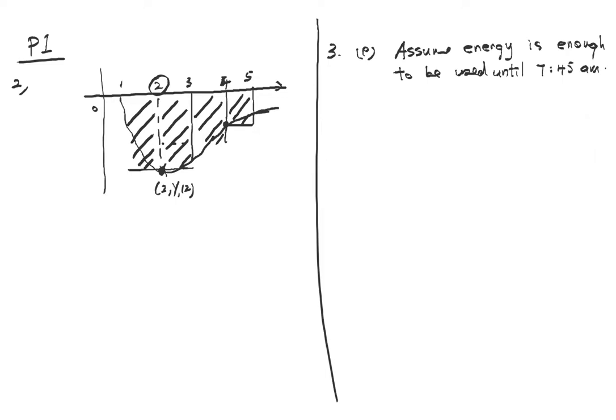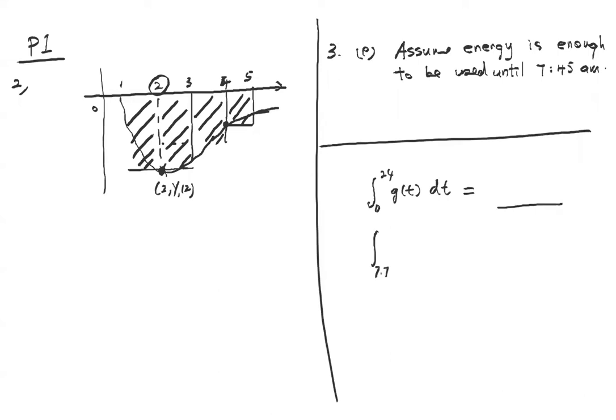If you don't make this assumption, you can just state the integral from 0 to 24 of g(t) dt. You count the value. Then you integrate from 7.73 to 19.07, where the function is f(t).